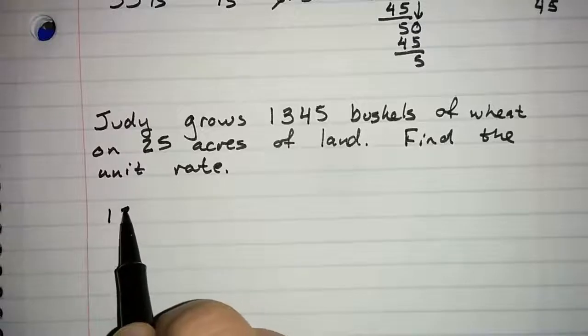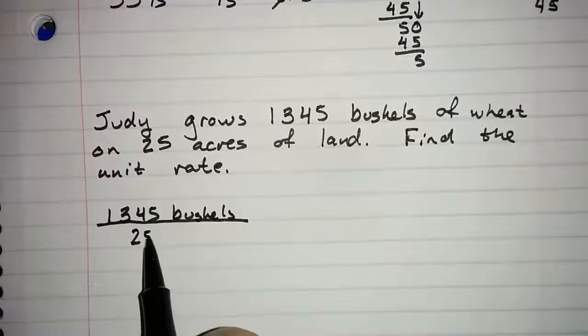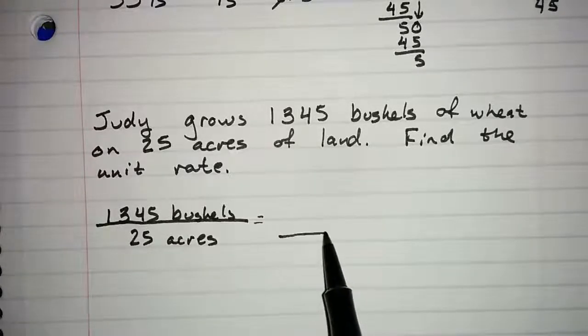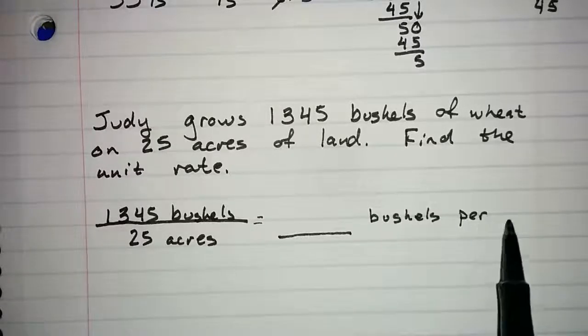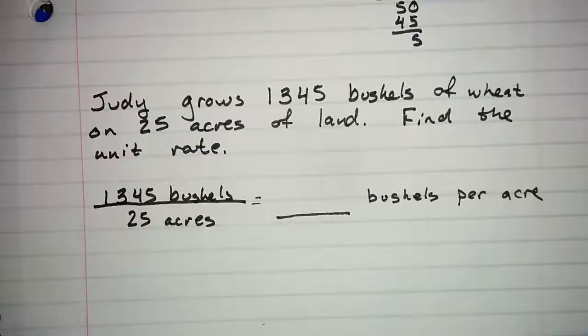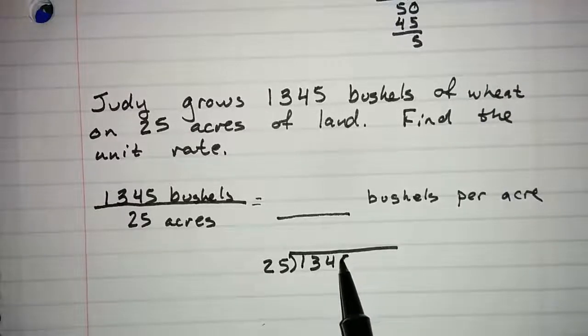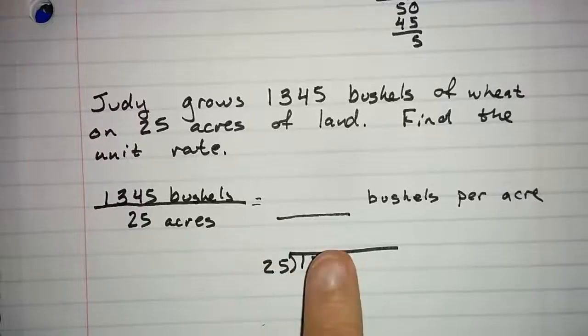So 1,345 bushels on 25 acres is going to be some number of bushels per acre. How many? Well, we need to do division to find out. 25 acres into 1,345 bushels. Right? As always, numerator divided by denominator.